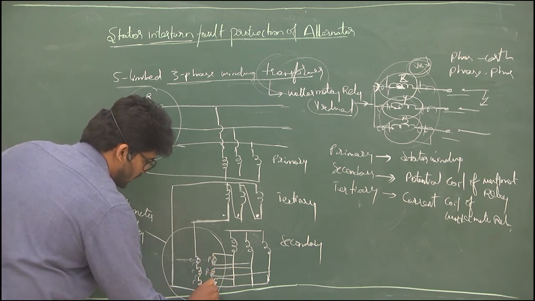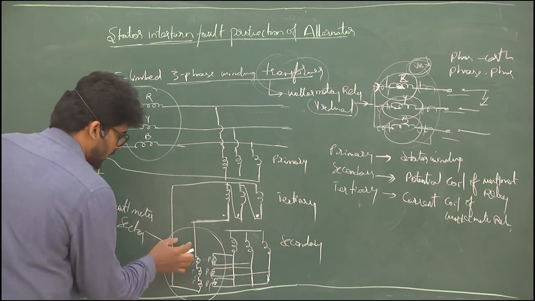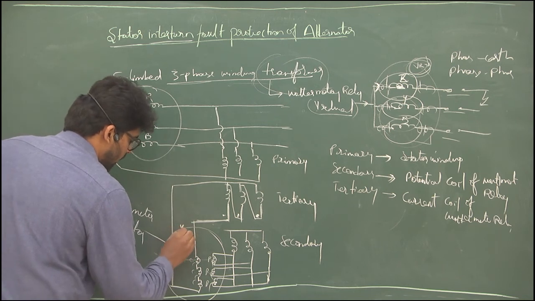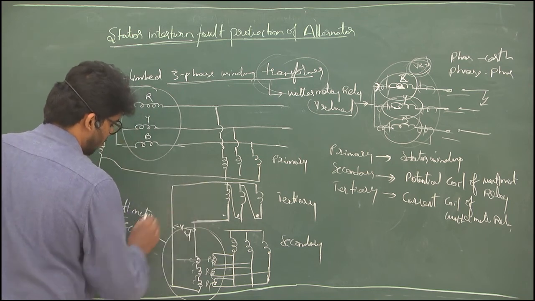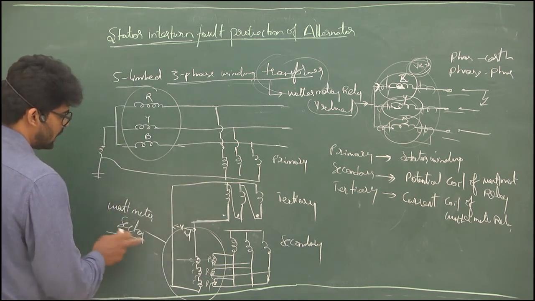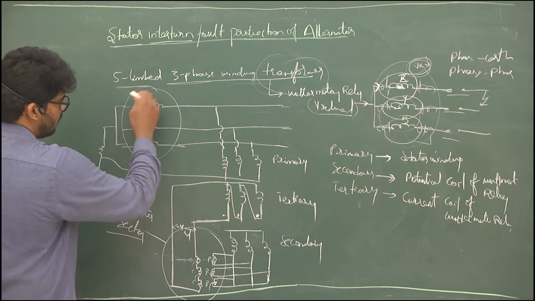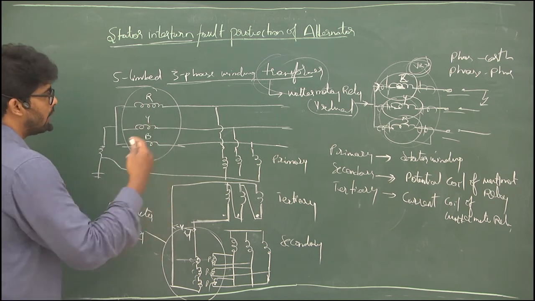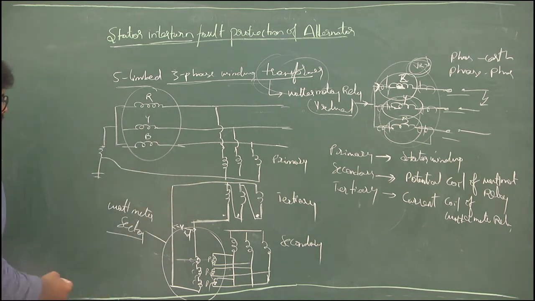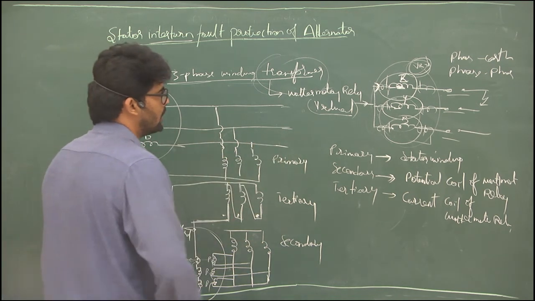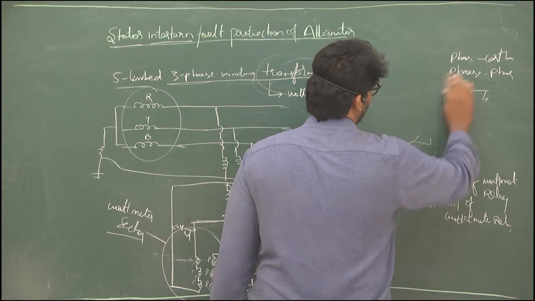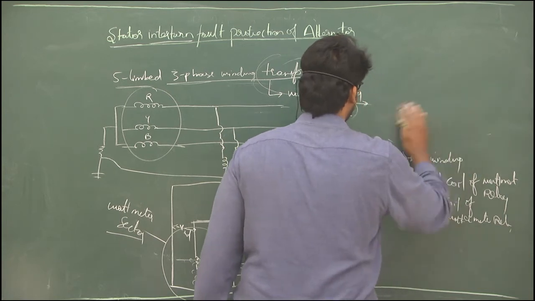We need to develop V residual to operate this wattmeter relay. If the wattmeter relay is operated, then the generator is protected from interturn fault. Okay. To explain this, we need to know the phasor concepts, so from here you need to understand the phasors carefully.